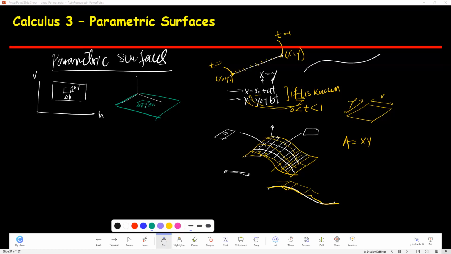If I want to get the area of this one, I can write the area of this small patch, delta A, as delta u delta v.